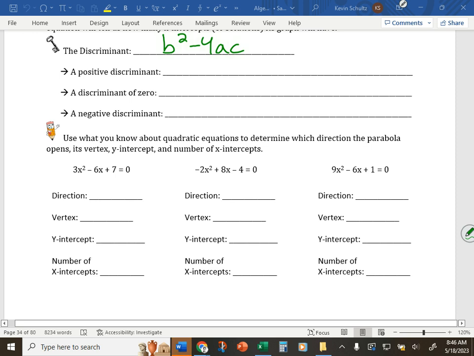Now that's a lot of variables. Think back to what we've done previously. Where do b, a, and c come from? We're talking about quadratic equations, they're parabolas. Where do b, a, and c come from? Leah?